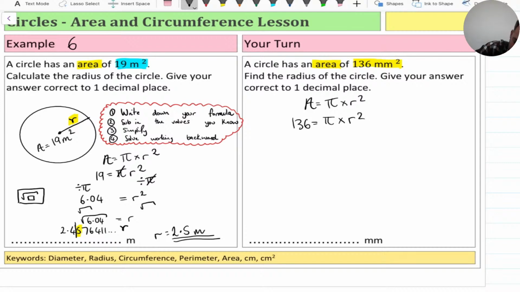We need to get rid of that pi by dividing both sides by pi. So 136 divided by pi is equal to, let's write it, I'll do it to 2 decimal places, 43.29 is equal to r squared.